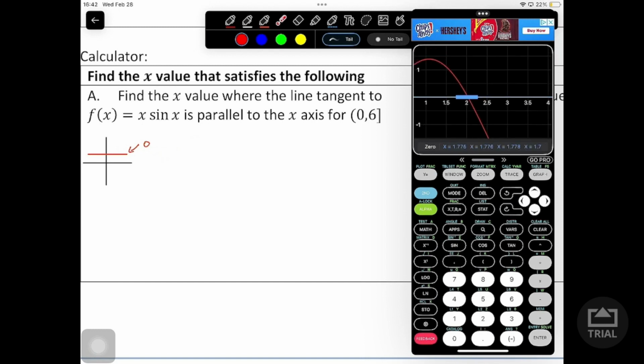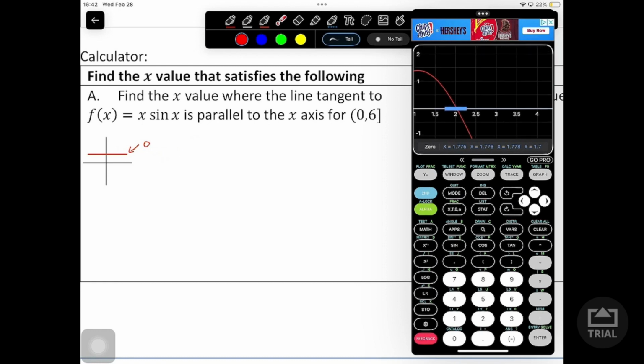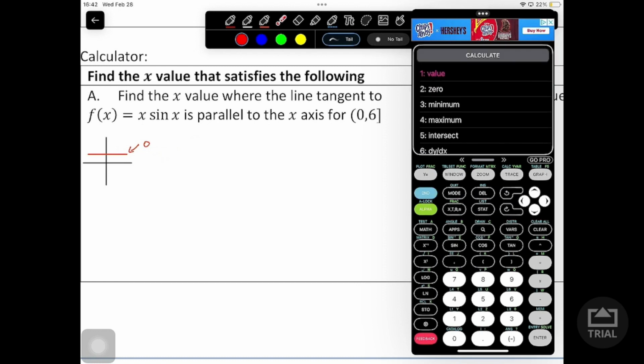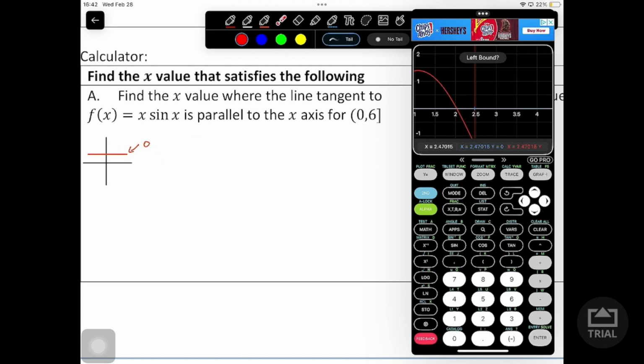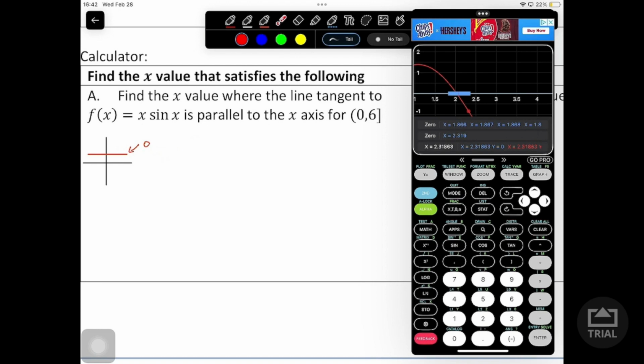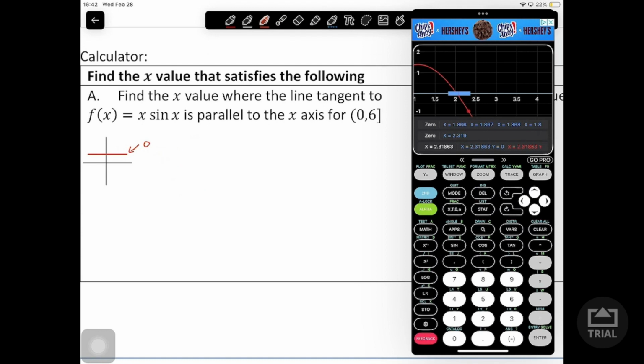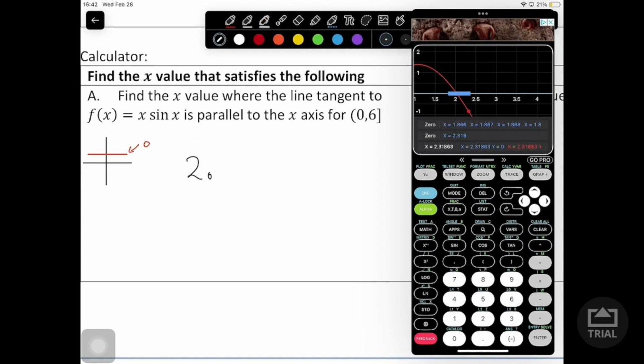Oh, it doesn't show up nicely. Here, let me redo it. Enter. Enter. And one of my zeros is 2.319.